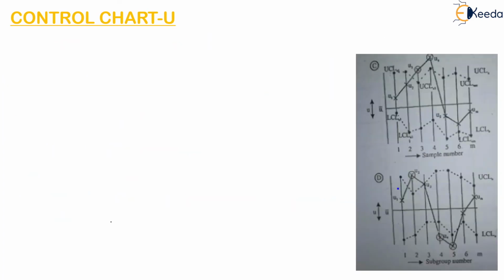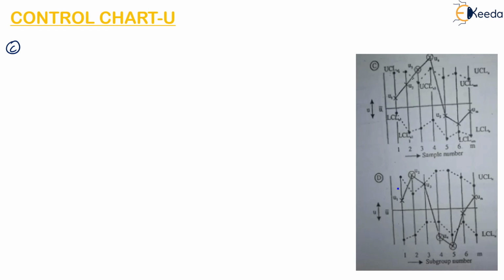From figure C, we can see that a few U values are crossing the upper control limit of the corresponding subgroup, which indicates presence of assignable causes of variation, and because of this, the process is not under control.